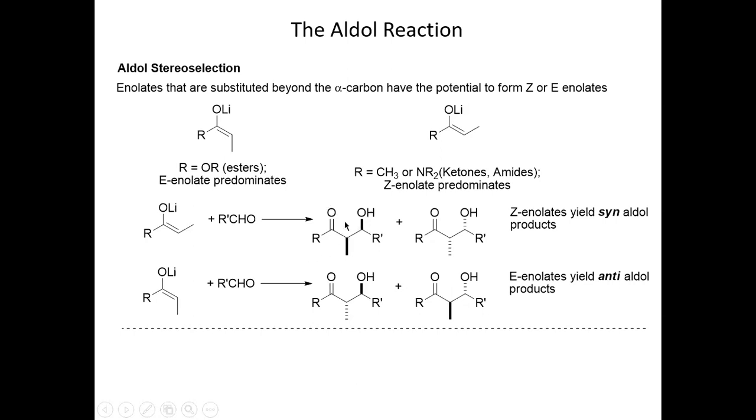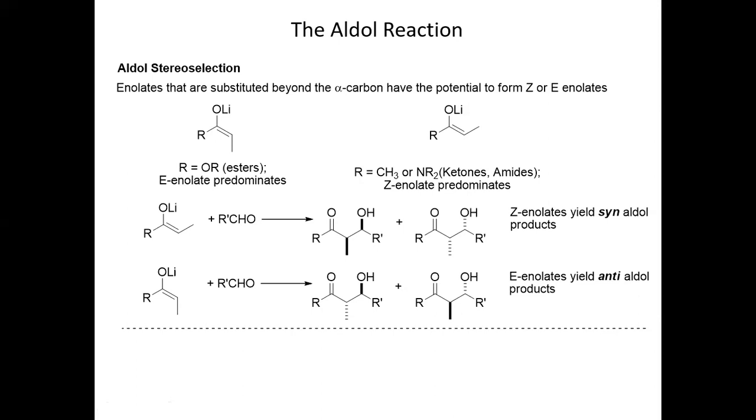So with the Z enolate, the predominant product is what we call syn, where both groups are on the same side. Like you can see both of these are wedged and both of these are dashed, right? That's with the Z enolate. We're going to talk about this in a second, and then we'll probably wrap up and pick it up on Wednesday.